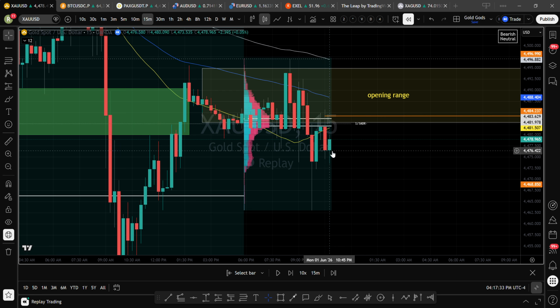This is an engulfing candle on the 15 minute, which means go back to the 5 minute. Okay, we don't have an engulfing on the 5 minute. Maybe that was an early example. But an engulfing candle on a 15 minute is stronger than an engulfing candle on the 5 minute.